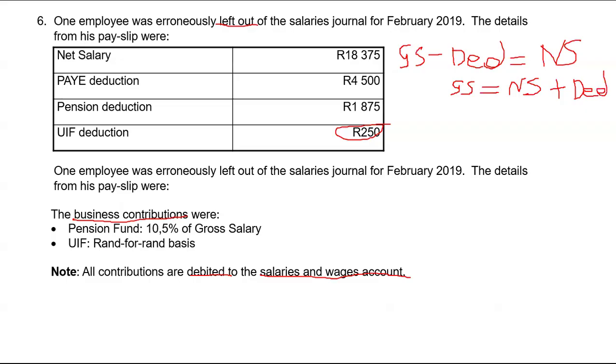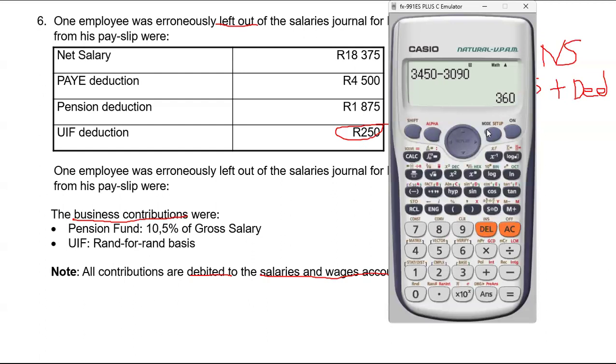Let's find our gross salary here. It will be 18,375 plus 4,500 plus 1,875 plus 250. Our gross salary will be 25,000.